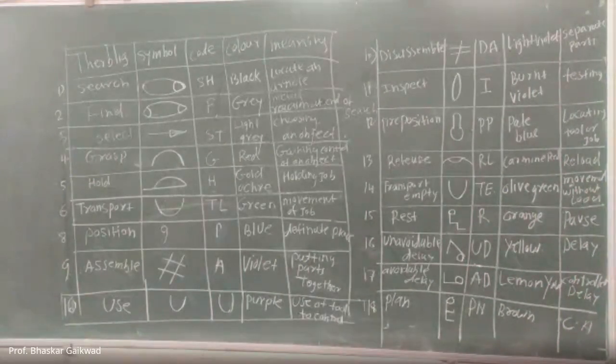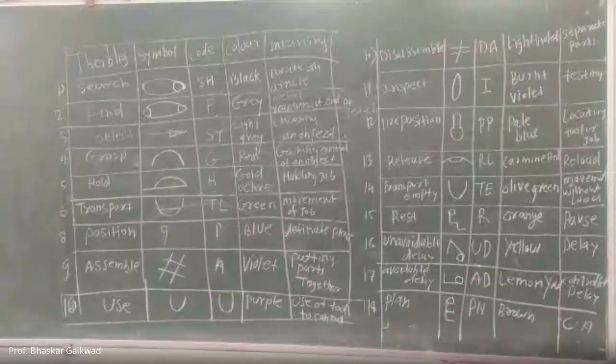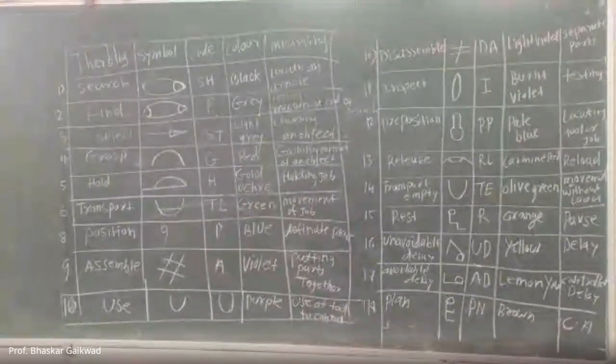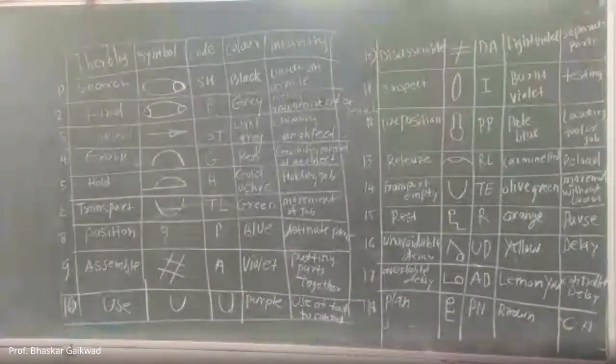And why is this code required? Just like in CNC and VMC machines, a G code and an M code are there, each with a specific meaning. Similarly here, the grasp symbol is there and the code is G. Gaining control of an object means you have to hold that object.